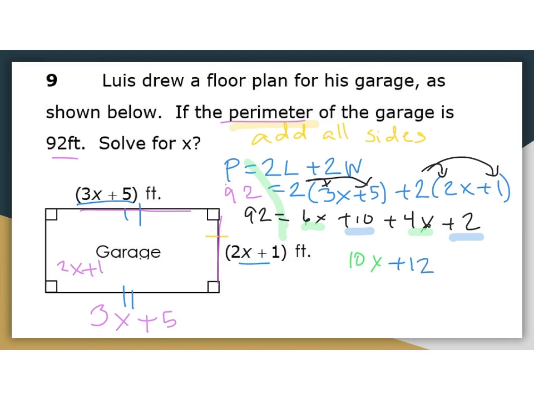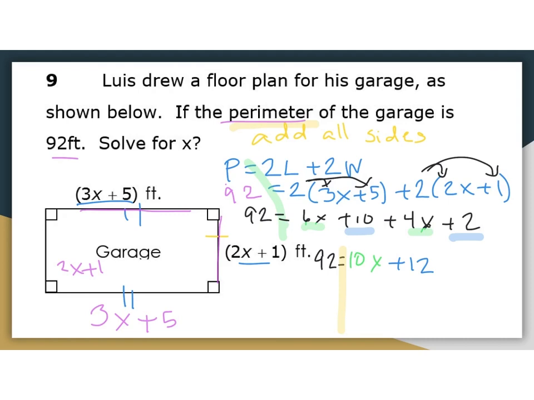And then this is still equal to our 92 from the left side. So my diagram here got in the way. This 92 still stays, my equal still stays, and then here I have the 6x and 4x combined to give 10x, 10 and 2 combined to give 12. And then I'm going to go ahead and proceed in solving.